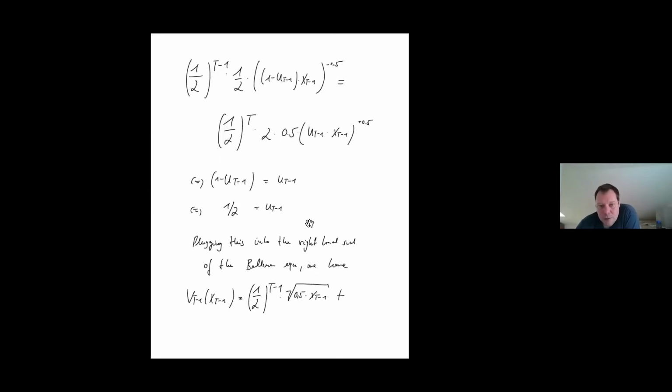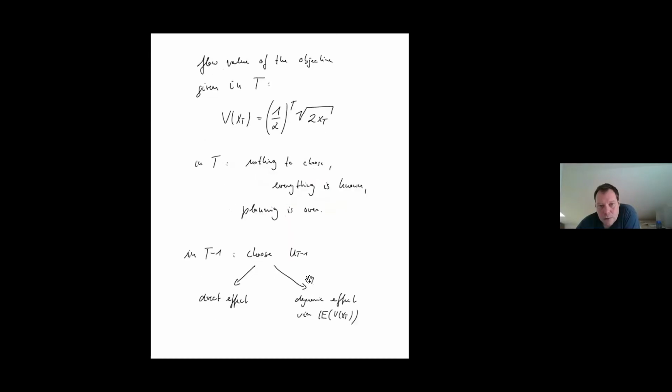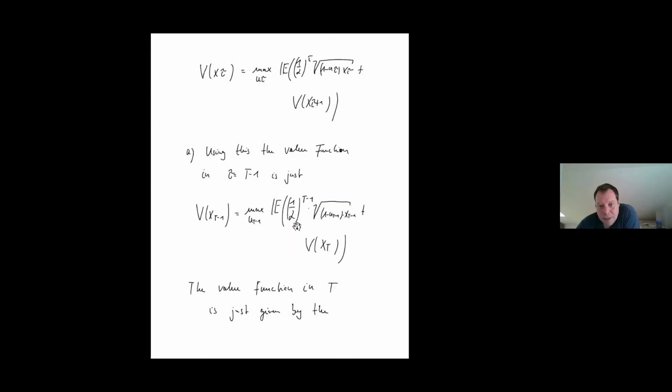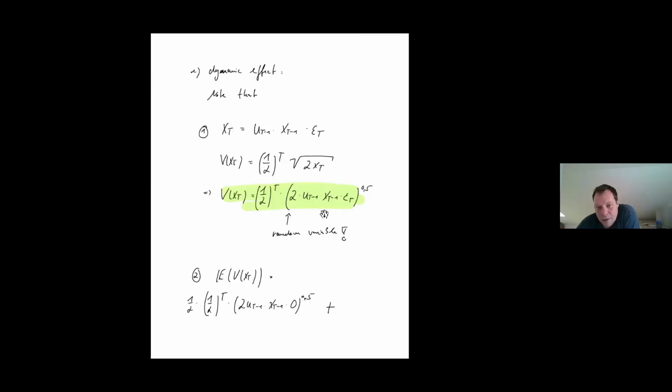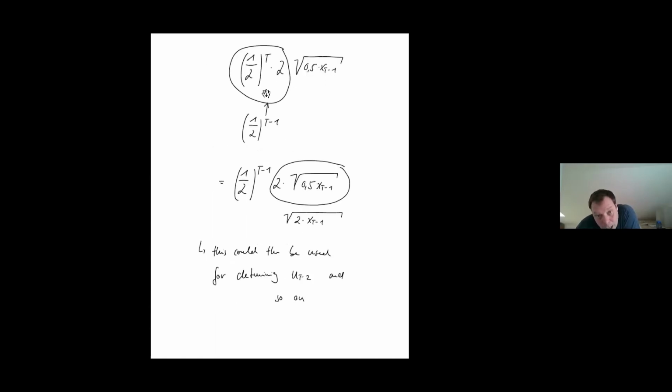Now I can use this and plug this into the Bellman equation. So I can substitute the u capital T minus 1 by 1/2. And I can plug in the v of x T. I know how that looks like. I plug in the u capital T minus 1 and calculate again the expected value. This is what I've done here. I just took what we had before and plugged everything in.